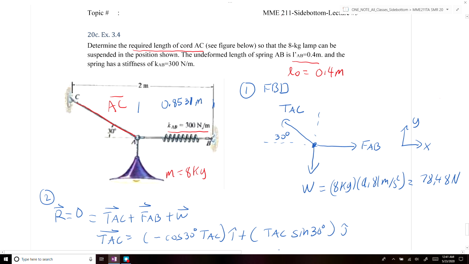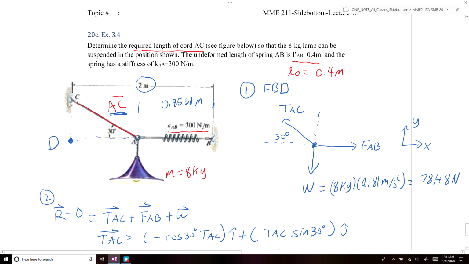Okay, so what we need to do is determine what is AC. We were given in the original problem statement that point B and point C were hung 2 meters apart along the x-axis. So what we can do is draw a point here at point D.